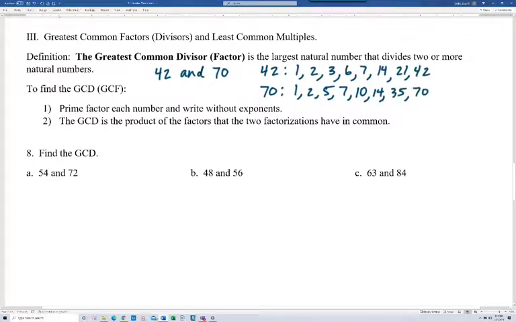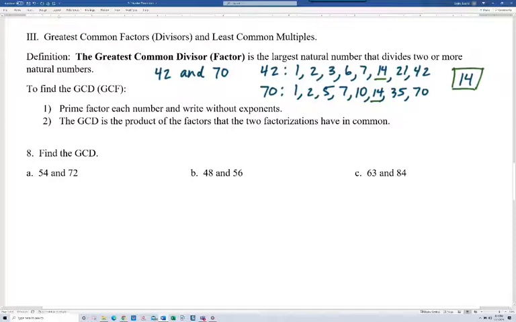So there's all your factors of 70. Now we're looking for the greatest common factor or divisor. Well, the largest one would be 14. And so our GCD or GCF here is 14.